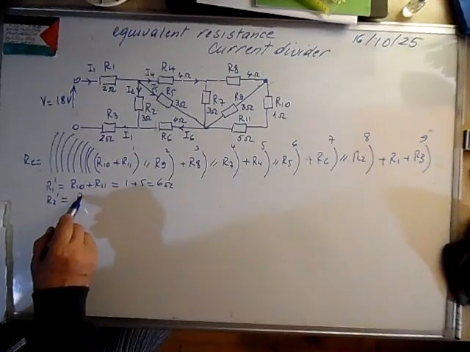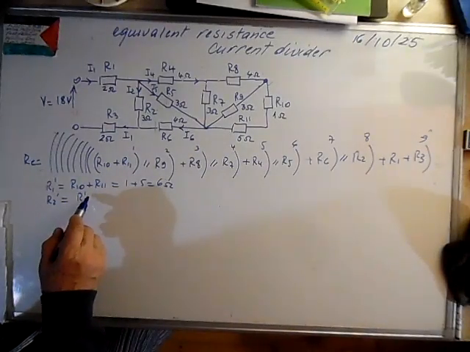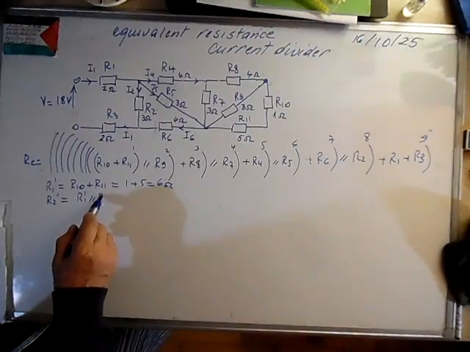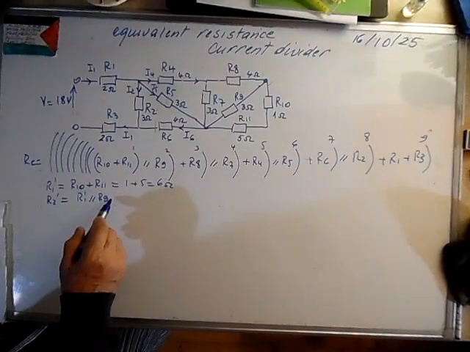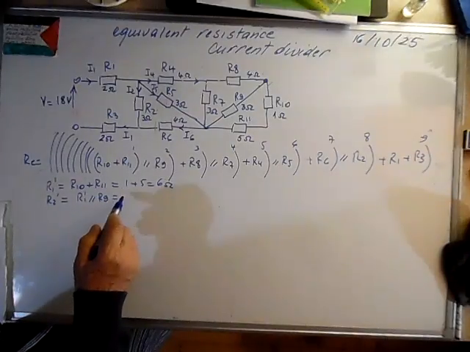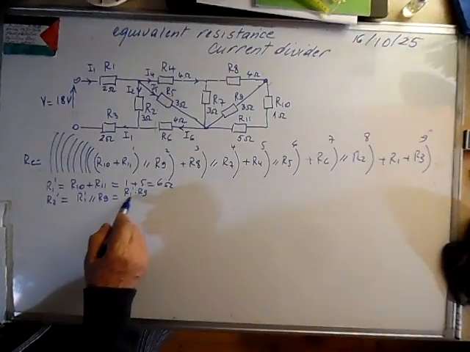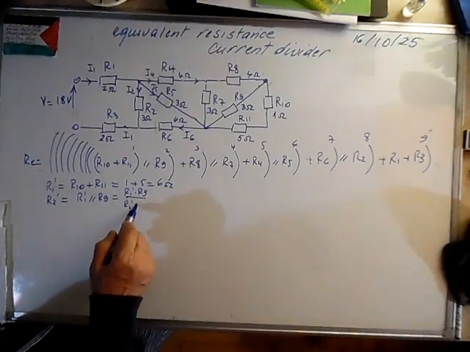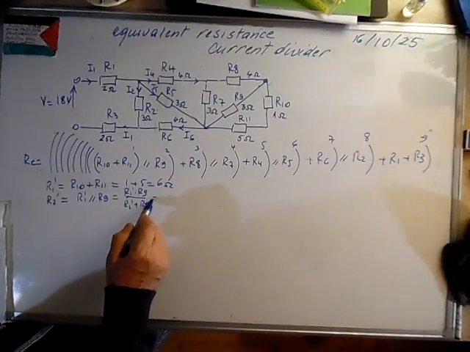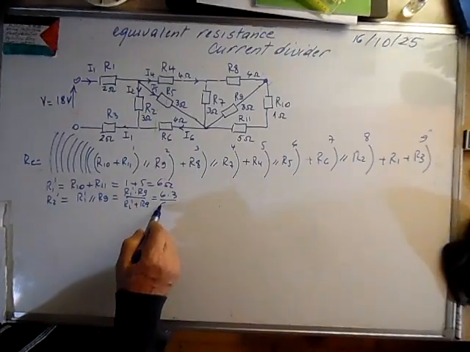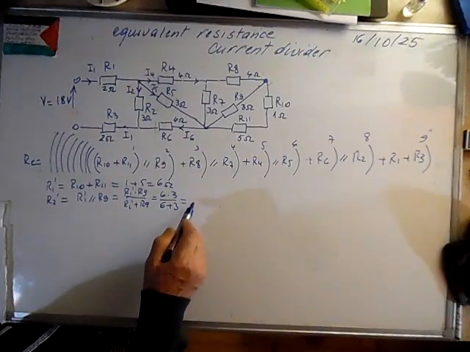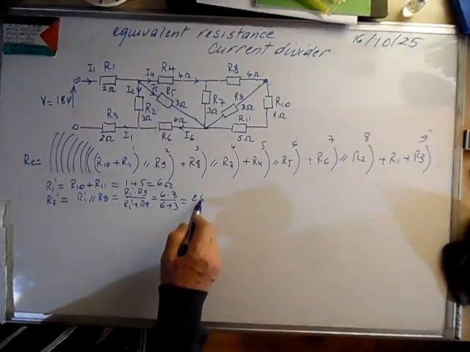R2 prime is R1 prime in parallel with R9, and here is where we are going to use the current divider. This is R1 prime times R9 over R1 prime plus R9. R9 is 3, so 6 times 3 over 6 plus 3, it's 2 ohms.